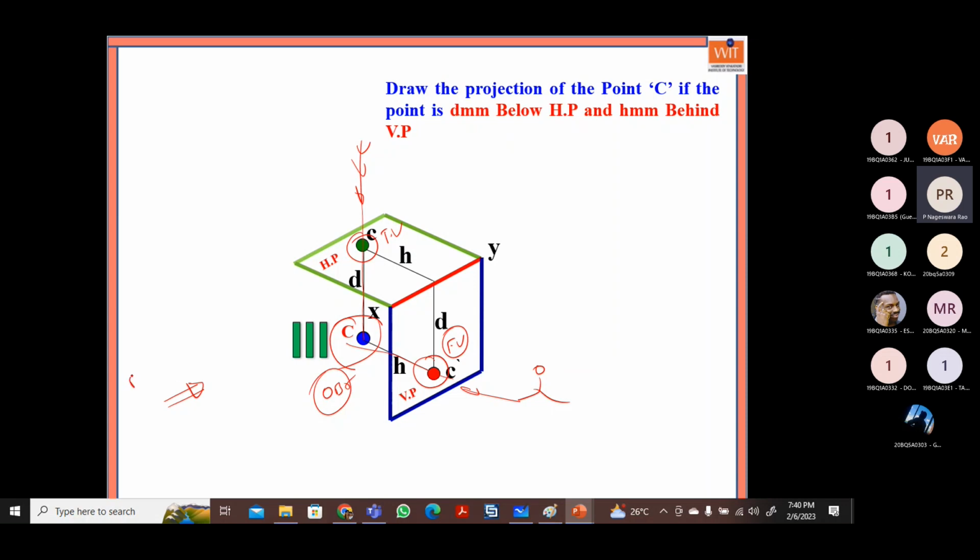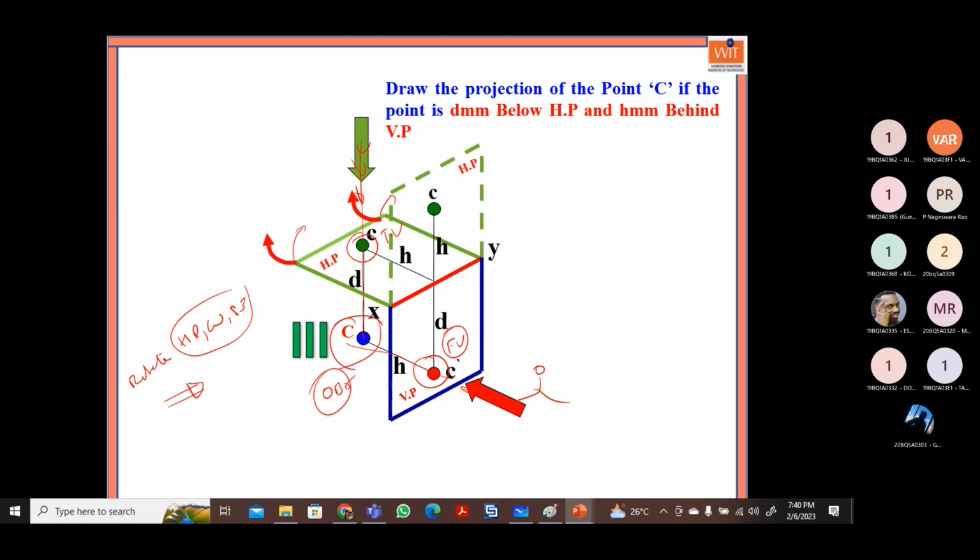So apply the standard rule here: rotate the horizontal plane clockwise by 90 degrees. Then when you rotate this one, the horizontal plane will come like this. So see what happens in this case of rotation. When you rotate this horizontal plane clockwise by 90 degrees, it comes upside.